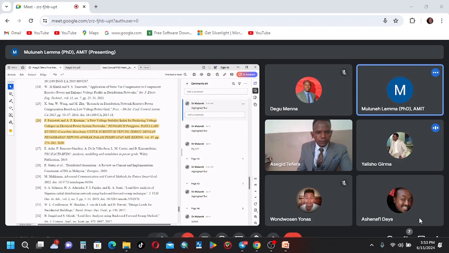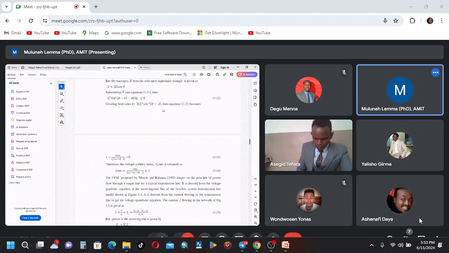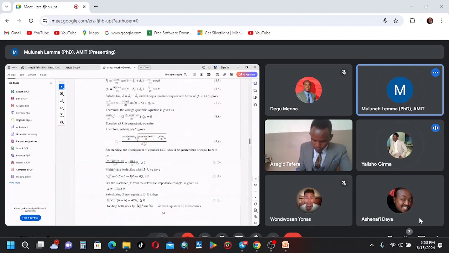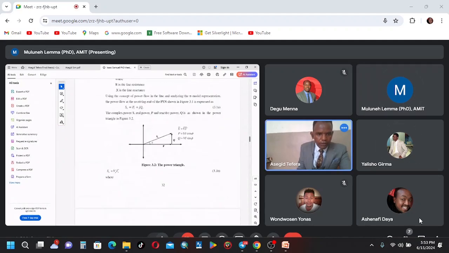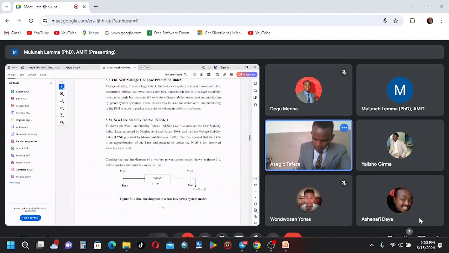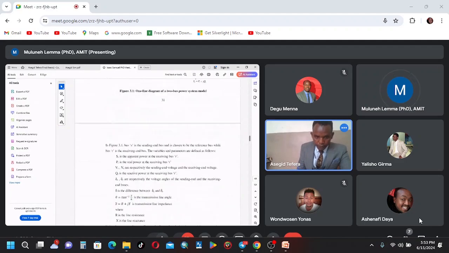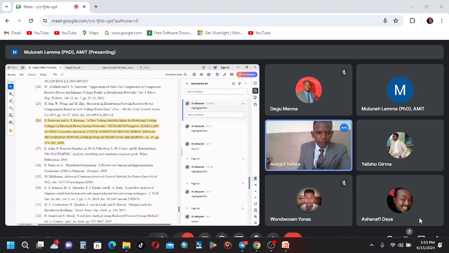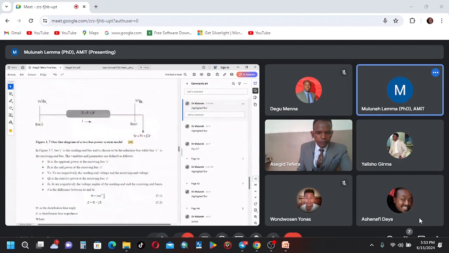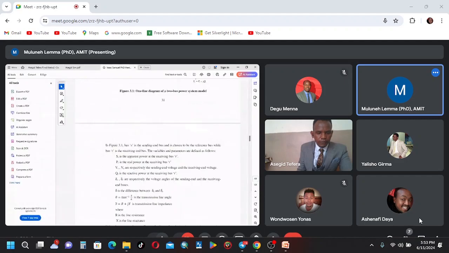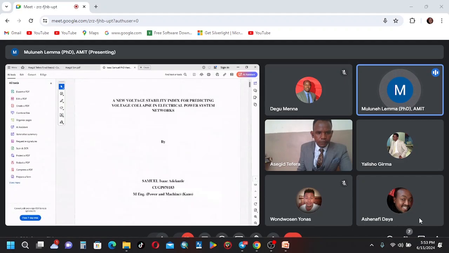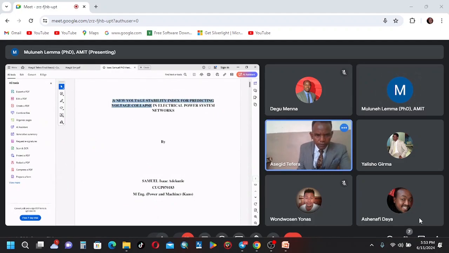However, your reference is this. Just tell me, did you use this work for your thesis? A new voltage stability index for predicting voltage collapse in electrical power system networks?